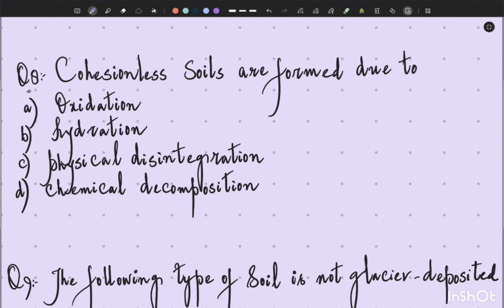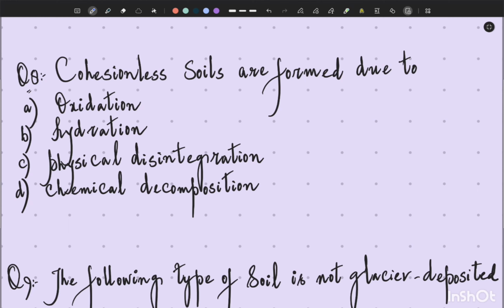We know that soils get formed by physical disintegration or mechanical weathering, or by chemical decomposition, which is also known as chemical weathering.